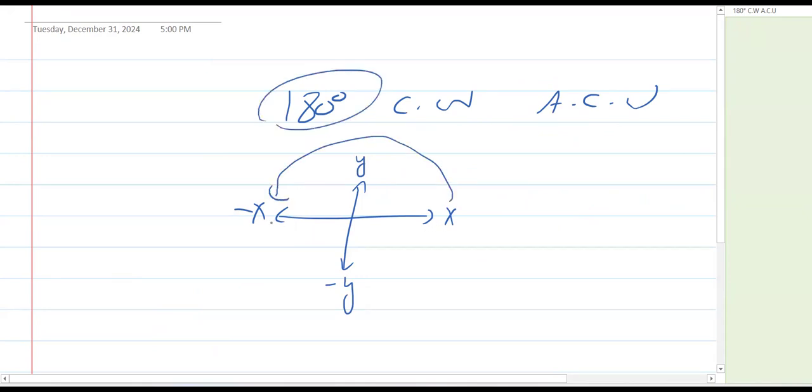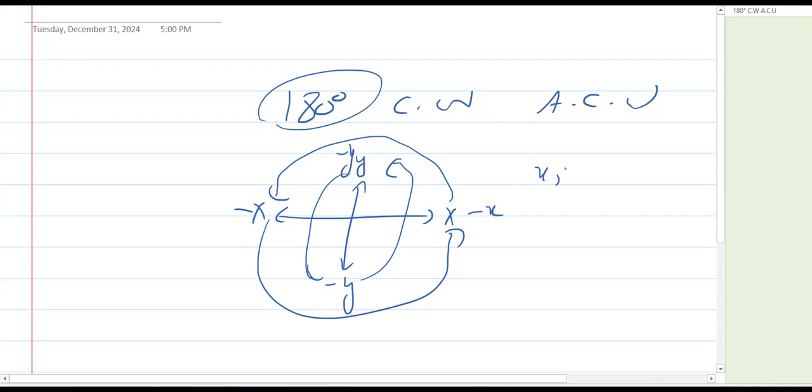Yes. And this will come here. In the same way, this will shift here and this will shift here. I mean, this will become minus y and this will become minus x. So in other words, when you are rotating with x, y, only the sign will change. Okay, minus x, minus y. You can see. Doesn't matter whether it is clockwise, anti-clockwise, a 180-degree rotation will be same.